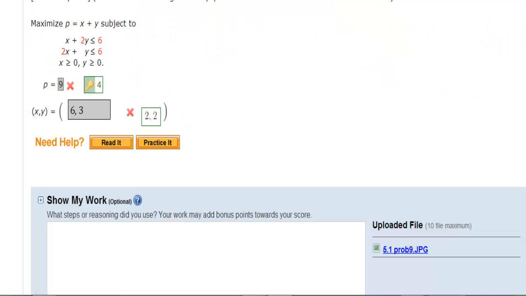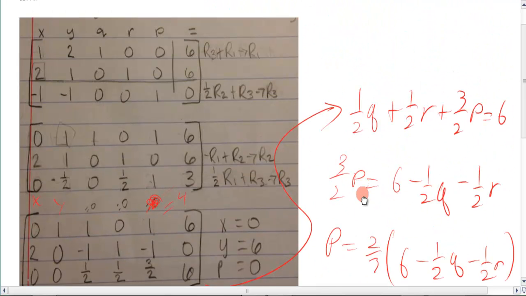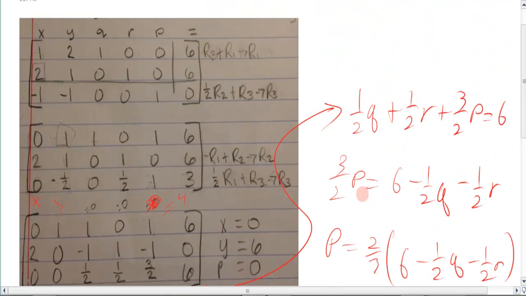And when I go back and look at your problem, you can see right here, there's your 2, 2 with a max of 4. The problem would have been infinitely simpler, much more simple, if you pivot around 2, and use that row for each of your eliminations.